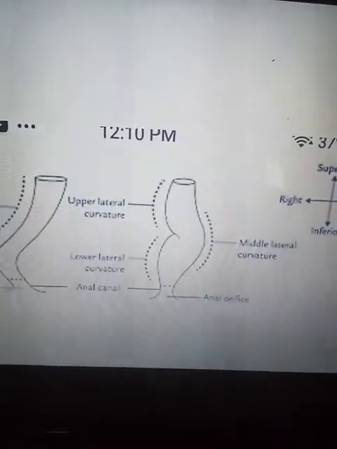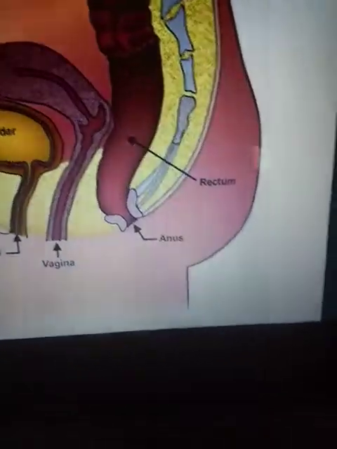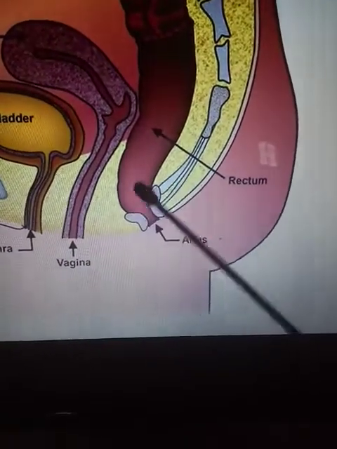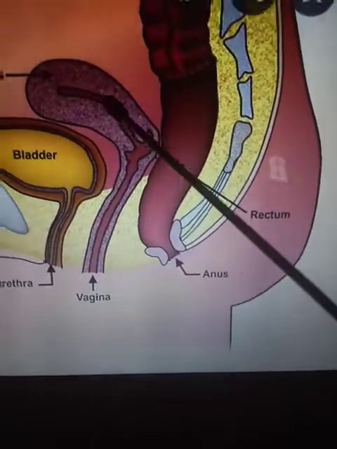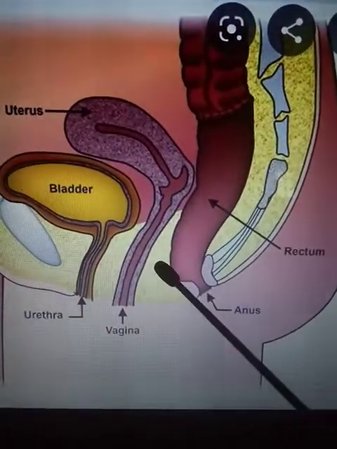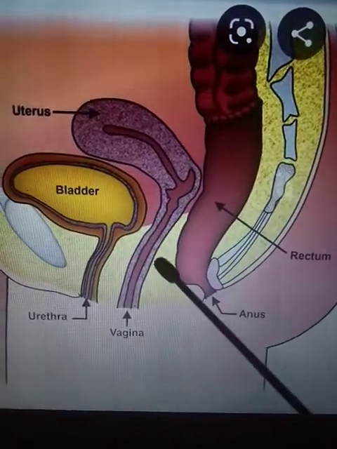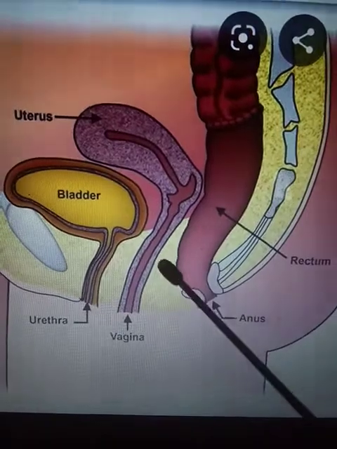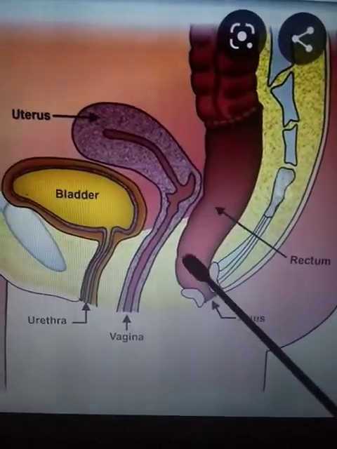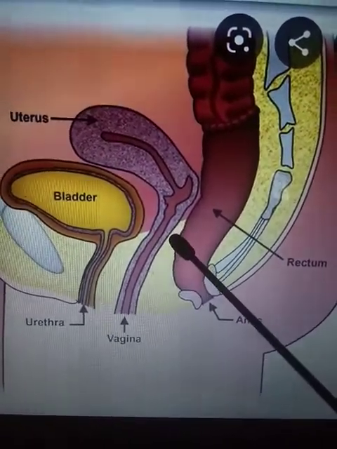I will show you one pic. लोअर 1/3 पार्ट, ये वाला पार्ट है, it is present. यहाँ पे ये होता है रेक्टो यूट्राइन, है ना यूट्रस, ये फीमेल की बॉडी है. यहाँ पे होता है रेक्टो यूट्राइन पाउच, रेक्टम और यूट्रस के बीच का पाउच, that is the rectouterine pouch. This lower part is present below this pouch. ठीक है.